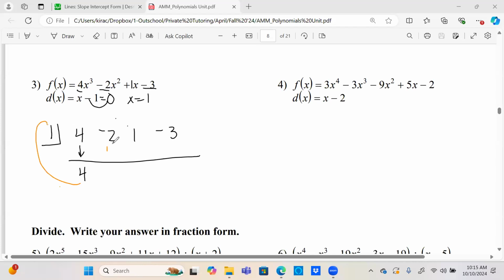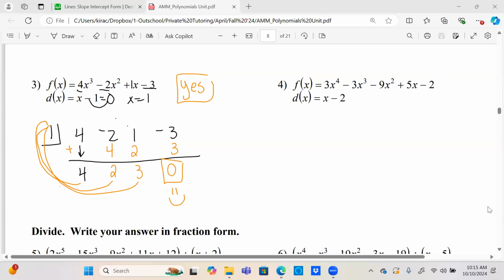Multiply by the timeout. Add straight down. Multiply, add, multiply, add, and our remainder is 0. This is good. We do have a factor. So x minus 1 would be a factor of that big polynomial function.